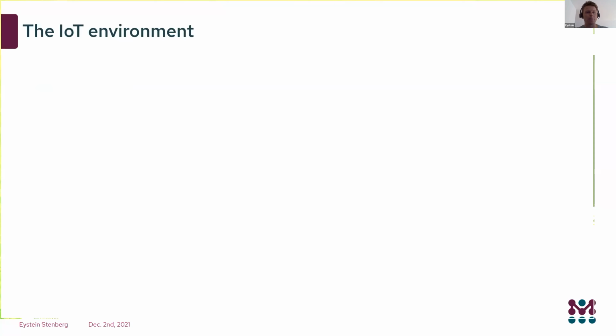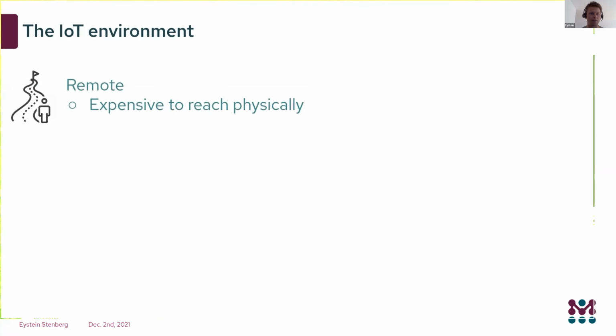But if we take a step back and we look at how connected devices, IoT, what's the environment they live in? It's typically quite remote, hard to reach physically. It could be industrial machines, or in consumer homes, you can't really go there and do something manually to each device.